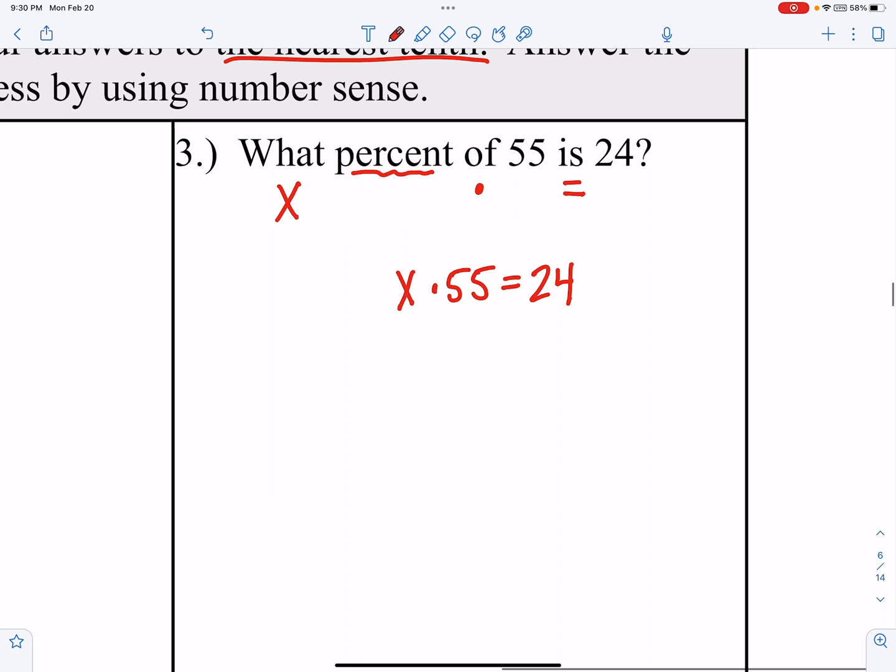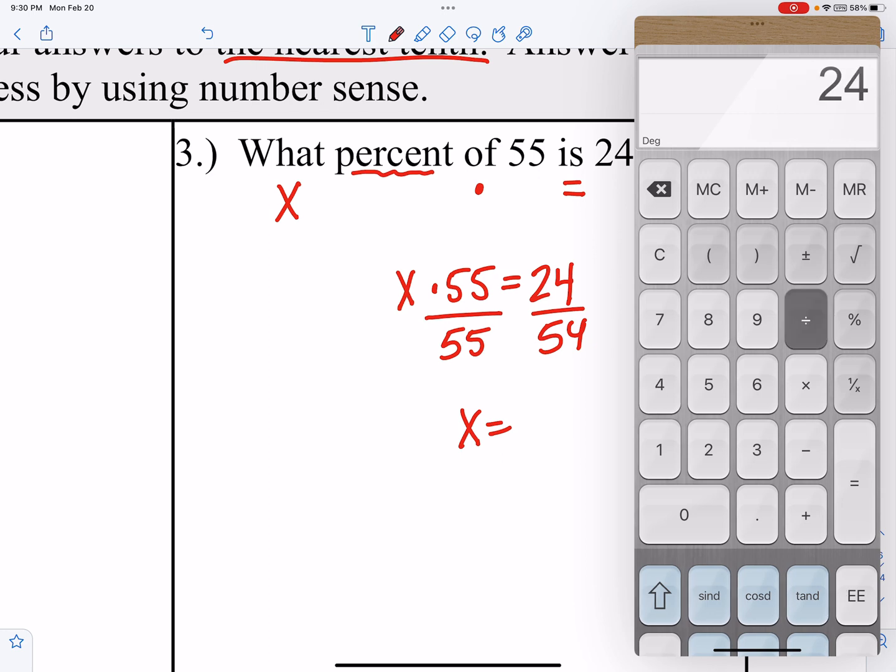We want to isolate our variable, so instead of times 55, we're dividing by 55 on both sides. And we have x equals 24 divided by 55. Let's double check that. 24 divided by 55 is 0.4 repeating.